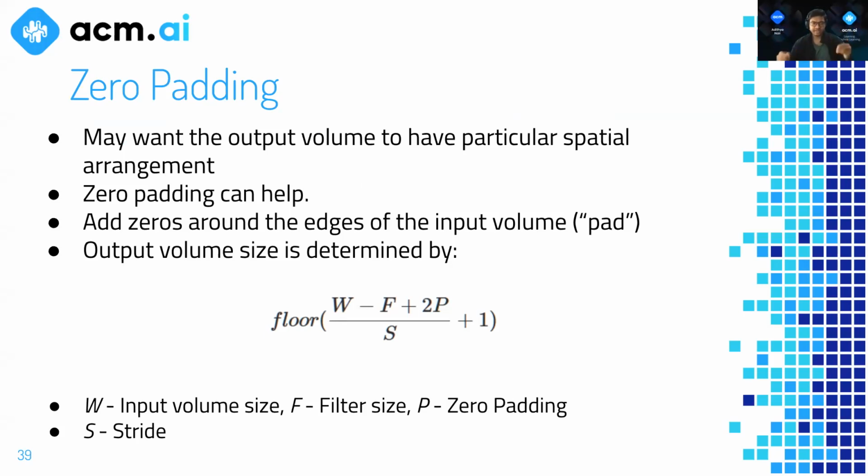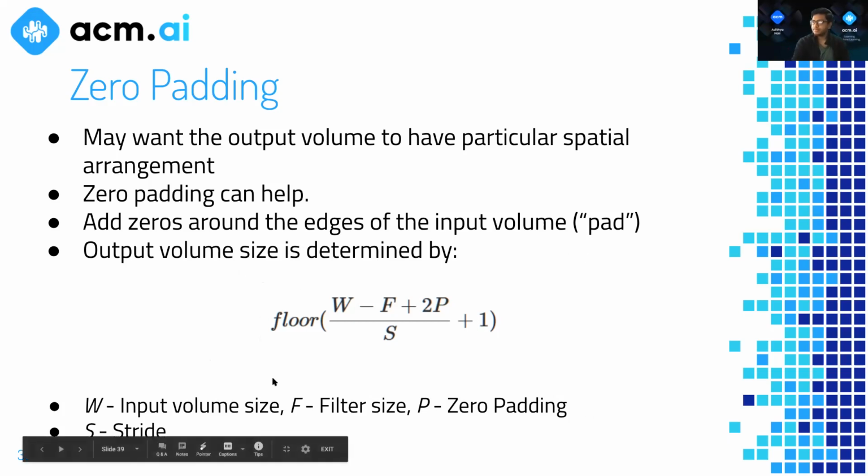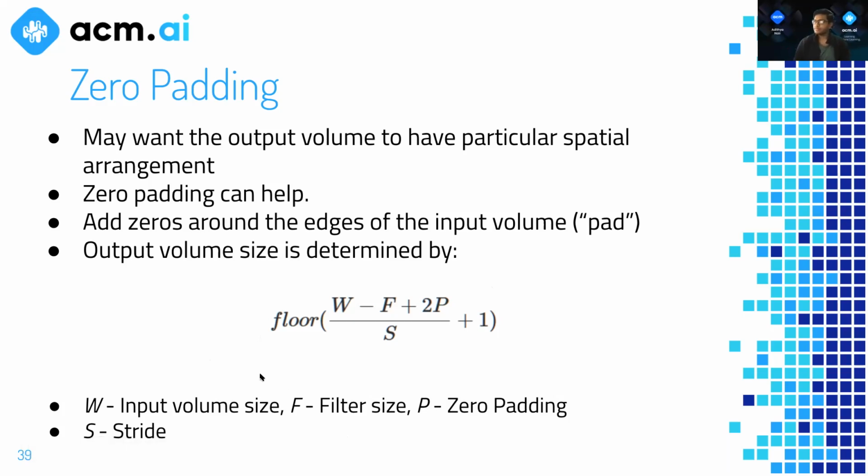Since they're zeros, they're never activated. But they help us achieve a particular spatial dimension for our output volume. And this is the equation you would use in order to find the output volume size, or specifically the output spatial sizes.